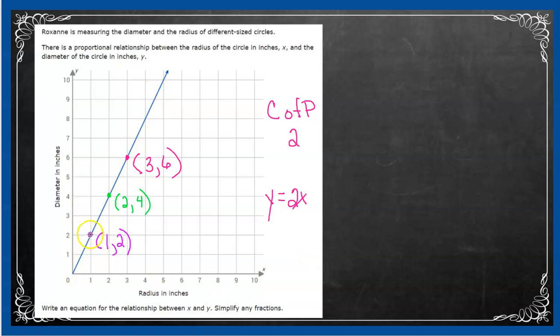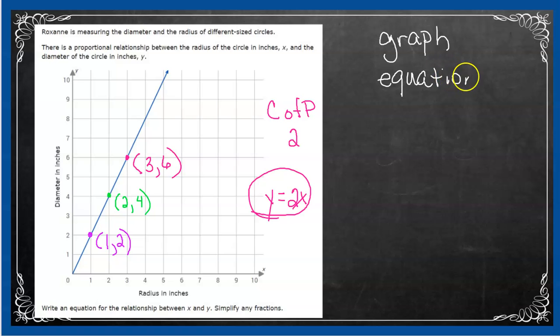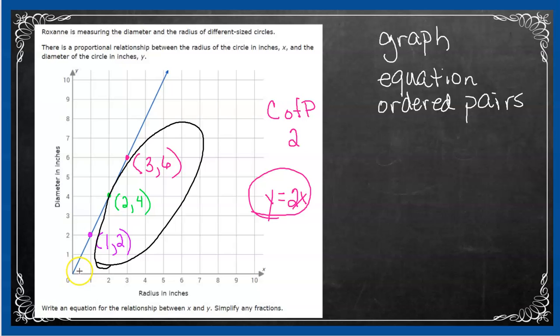What I just wanted to really show you just really quickly before I end this, because I'm at my 10-minute mark, is that you can represent a proportional relationship in several different ways. You can represent it with a graph, which we have here. You can represent it with an equation, which we have right here. You can represent it with a set of ordered pairs or data points, which are these right here, the 3, 6, the 2, 4, and so on and so forth.